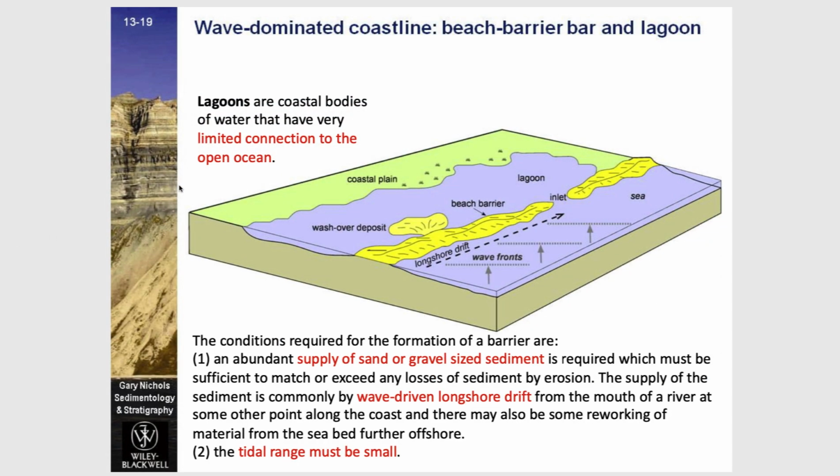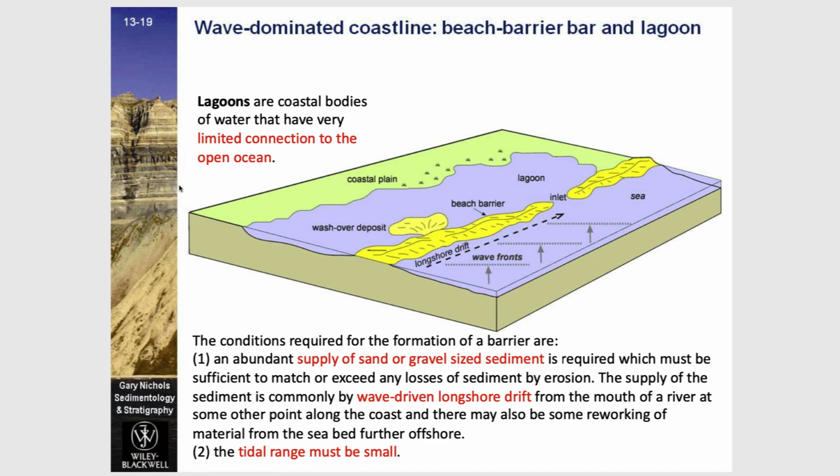Many times this action of reworking sands and moving them across the coastline will cause the formation of estuaries and also lagoons. So we have an example here of a lagoon, which is a coastal body of water that usually is loosely connected to the open ocean, and this is because it's protected essentially by this effect of longshore drifting.